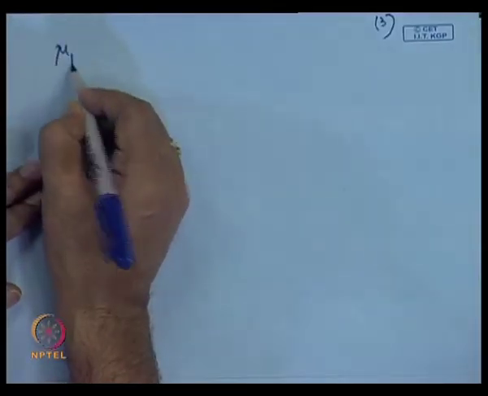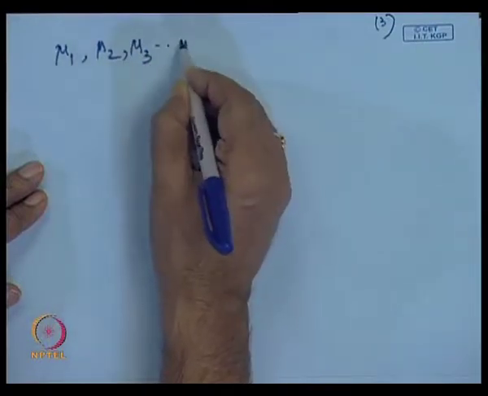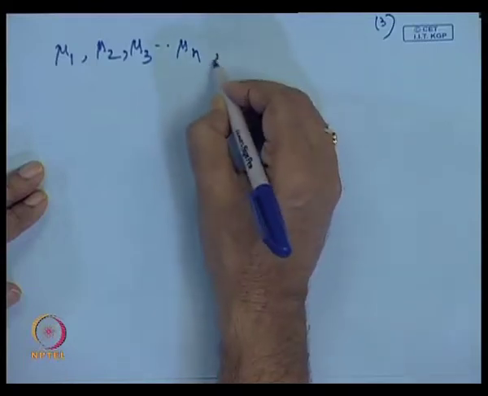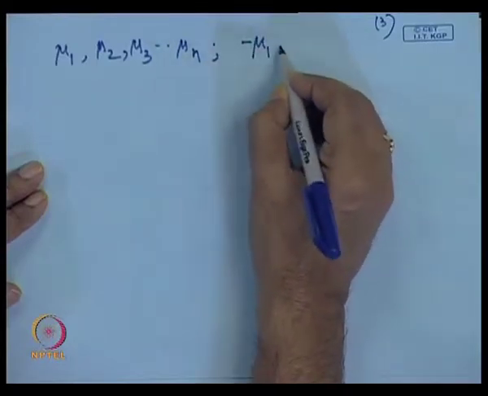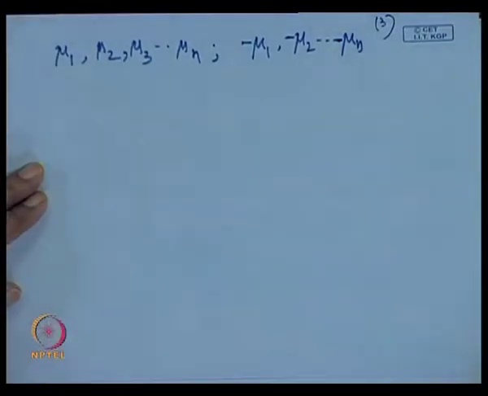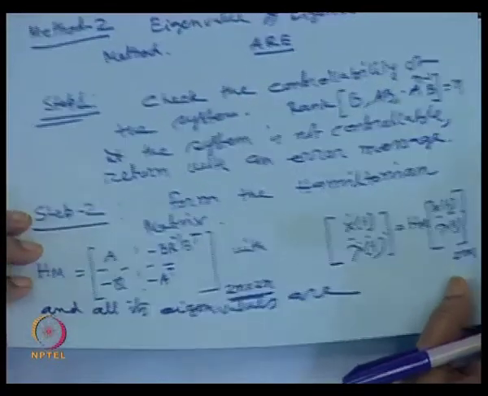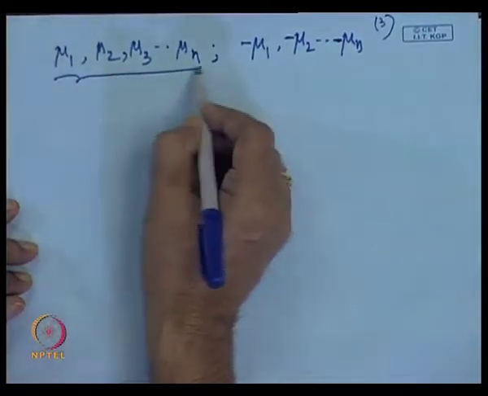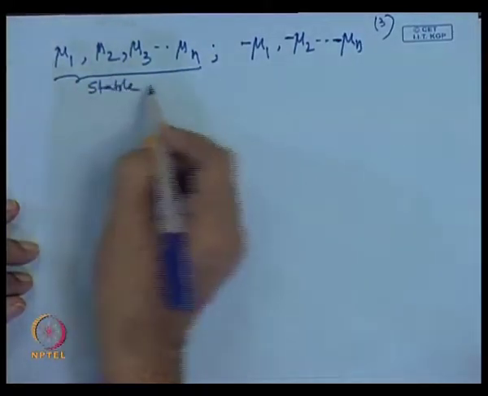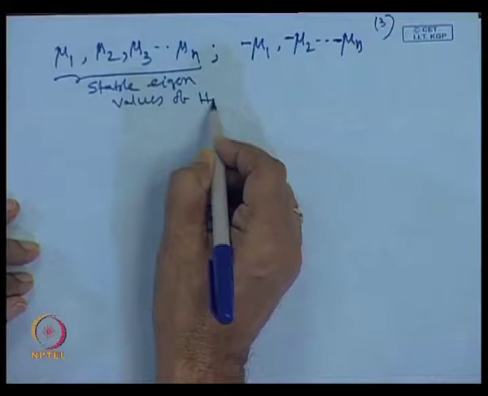are, let us call, we have defined the eigenvalues as mu 1, mu 2, mu 3, up to mu n, and another set of eigenvalues will be minus mu 1, minus mu 2, up to minus mu n. We have seen that for the Hamiltonian matrix there are two sets of eigenvalues, and they are symmetric about the imaginary axis of the complex plane. Let us call this set the stable eigenvalues of the Hamiltonian matrix.